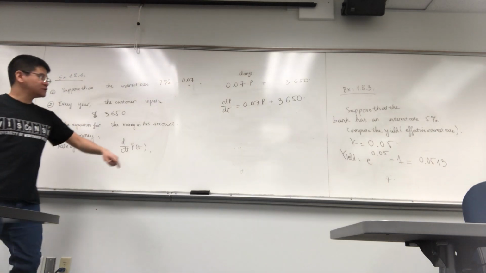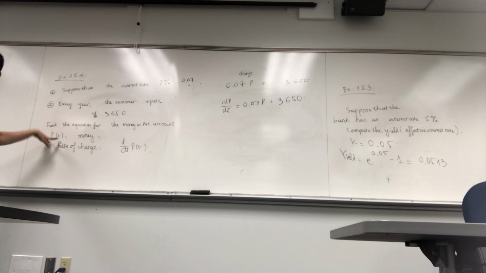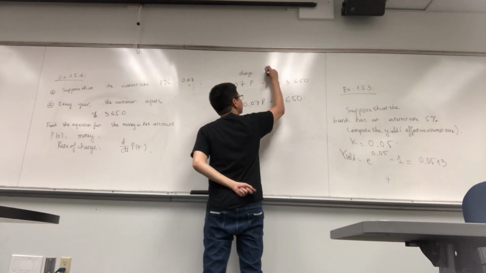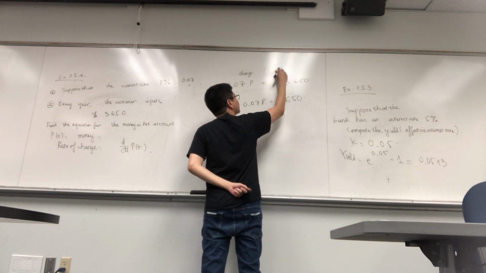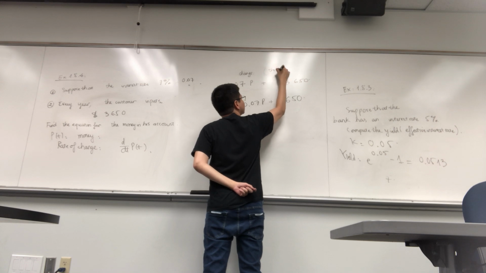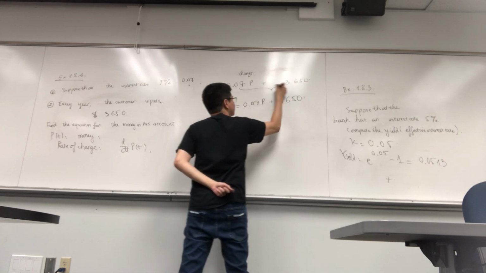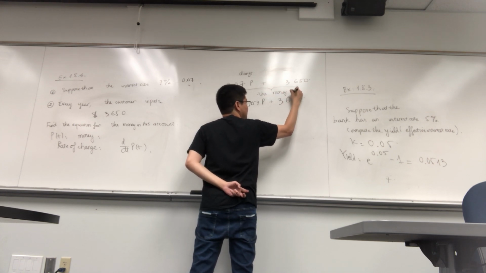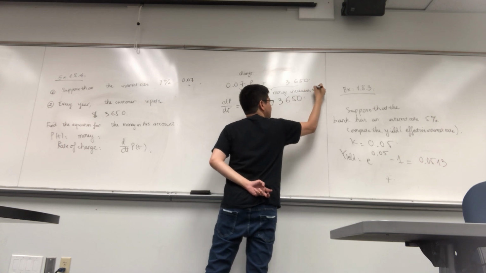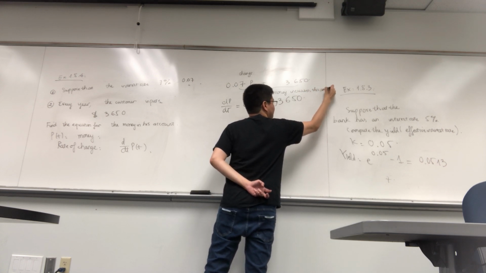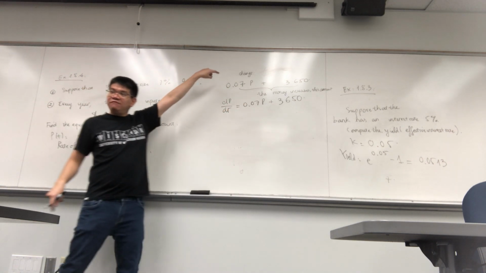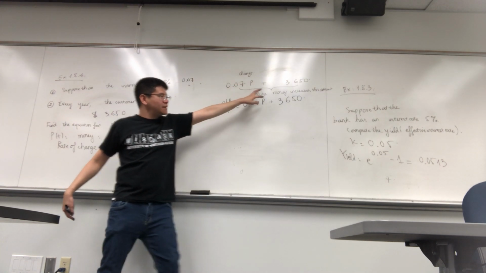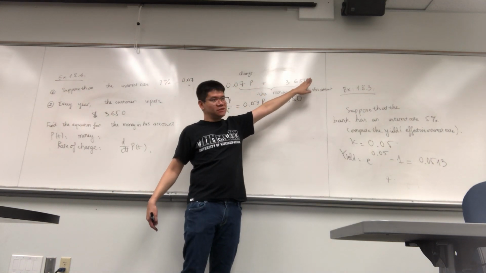I explain again. Every year, suppose that you have the money P(t) in the bank account. Every year, the money will increase by 0.07p, and then you put $3,650 into the bank.